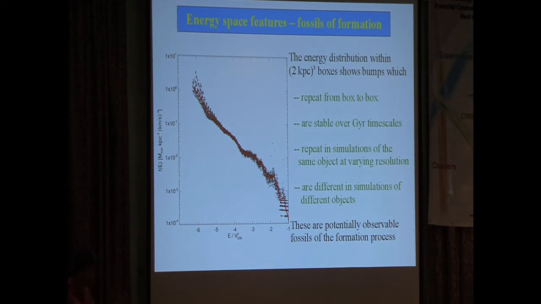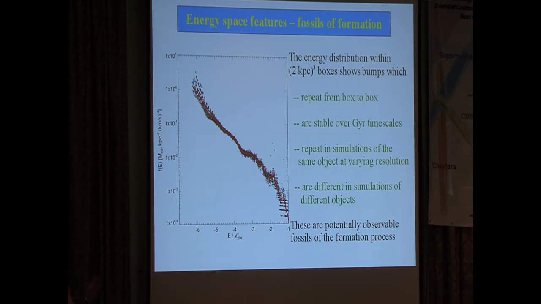And then once the particles are on stable orbits, they just stay there maintaining their energy, and that lasts forever. So this bump means that in this particular object, something that fell in contributed lots of particles in this energy range and not so many in this energy range. So it turns out these features are fossils of the assembly process.